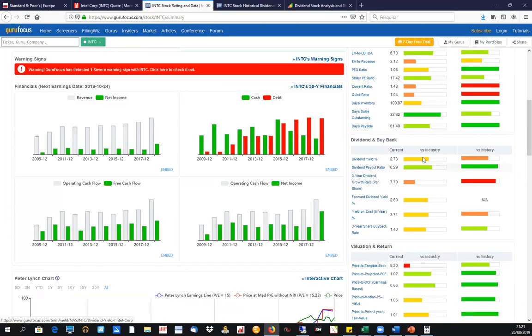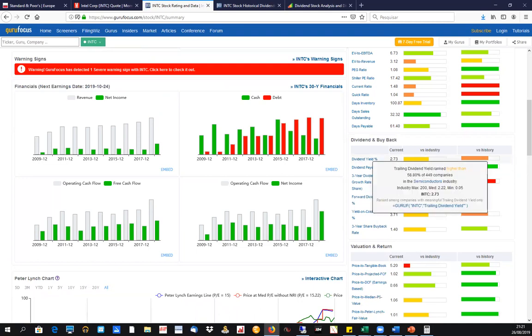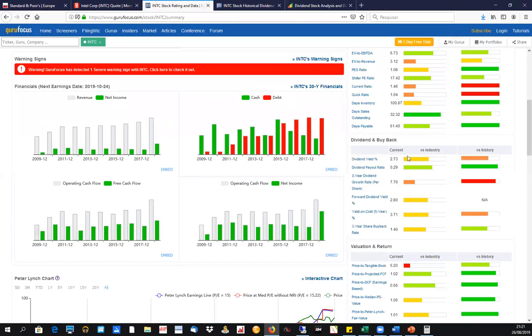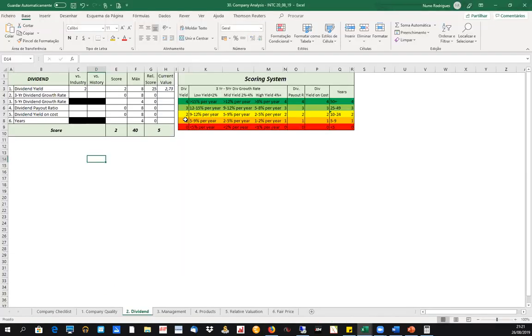We have yellow versus industry. So for yellow, we score dividend yield a 2. Now let's take a look at its history. And again, versus its history, we have an orange, all right? So as an orange, we score 1. See how easy this is?